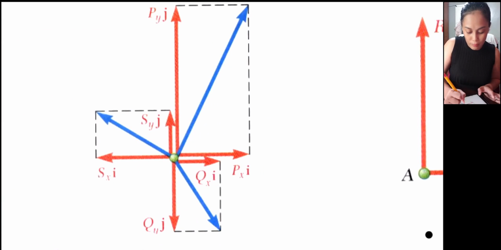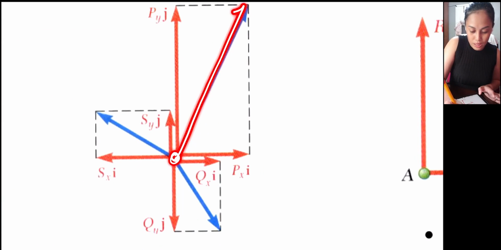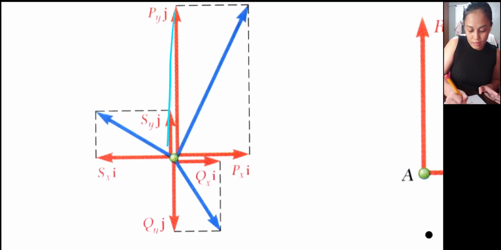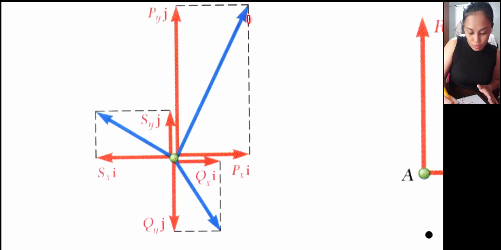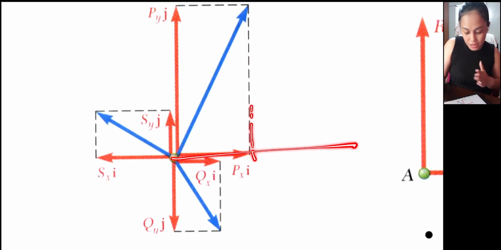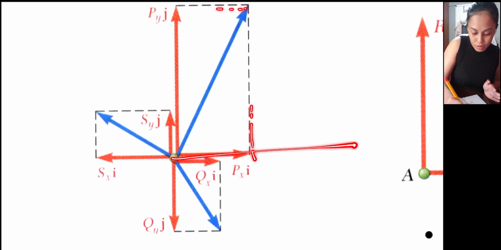Say, for example, we have a force P that lies on the xy plane. We draw lines to get its rectangular components. We draw a line toward the axis, and then toward the other axis.